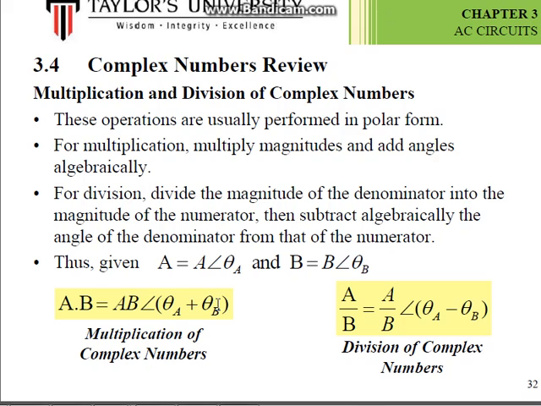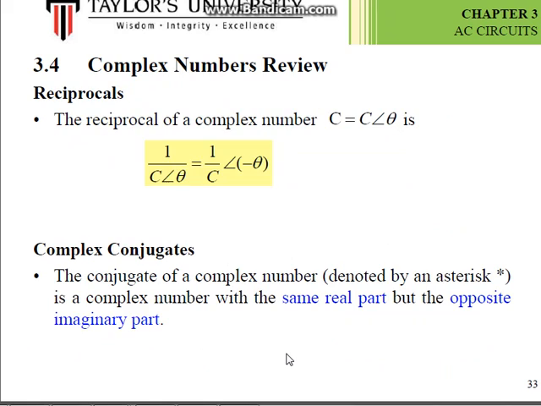If it's division, a will be divided by b, and for the phase, you subtract one from the other. I think you would have learned this in maths, so I'm not going to go through it very thoroughly.